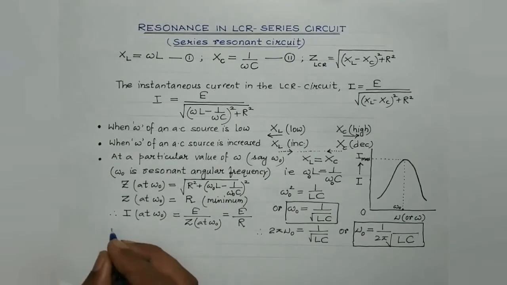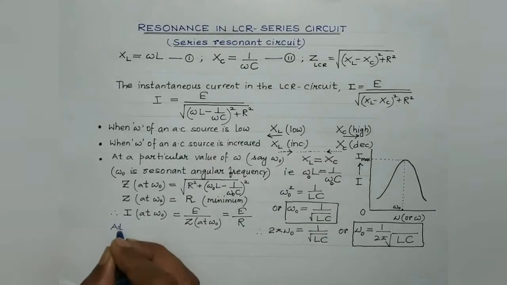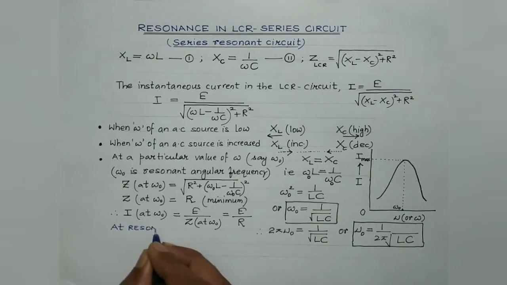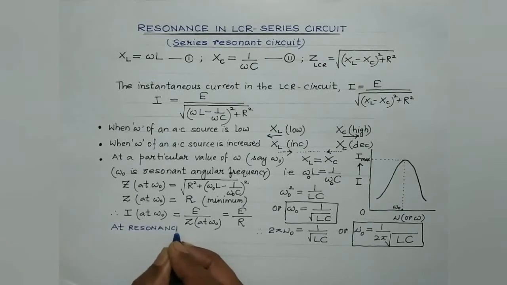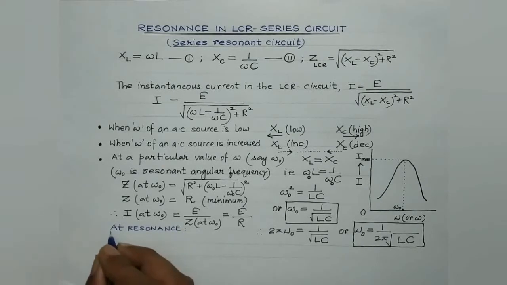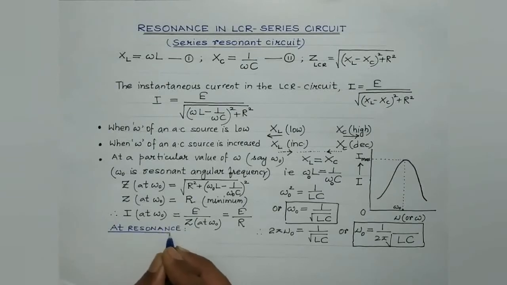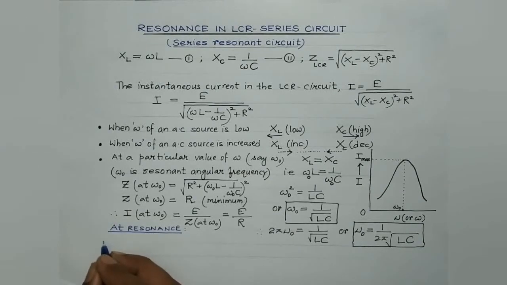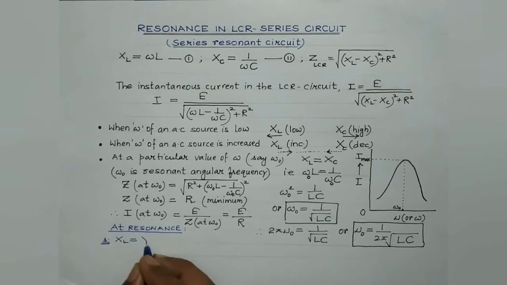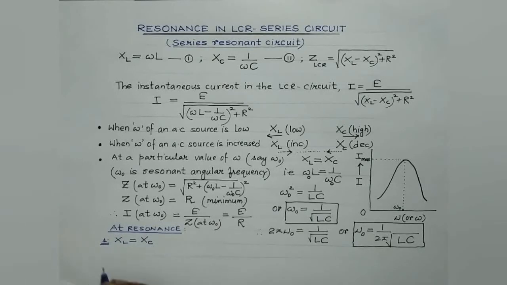Thus, students, at resonance, the following conditions are valid. Let me repeat it again. First point, XL is equal to XC, right?